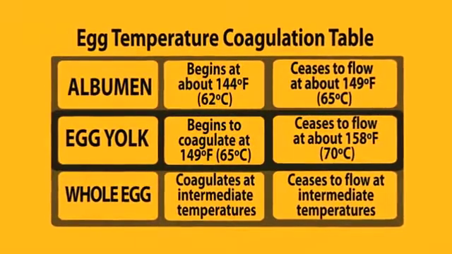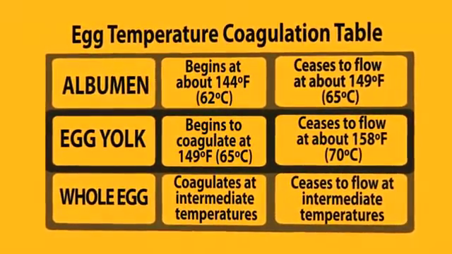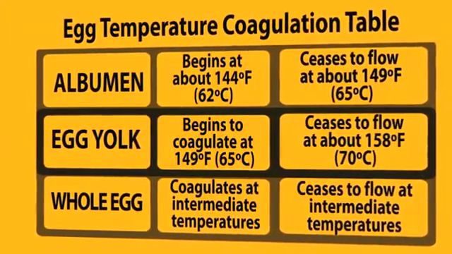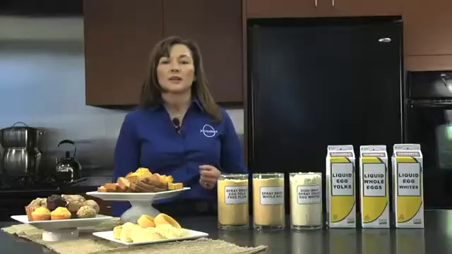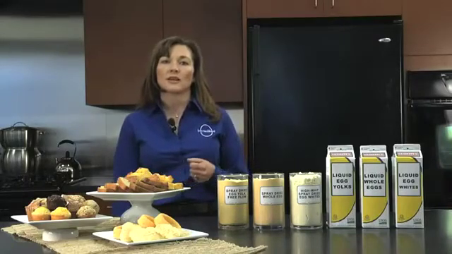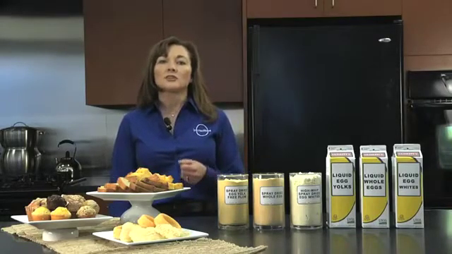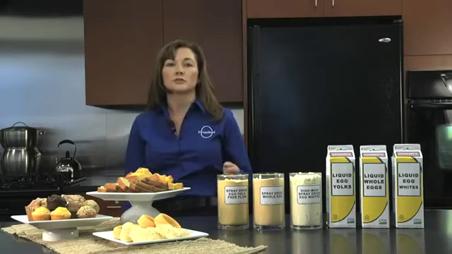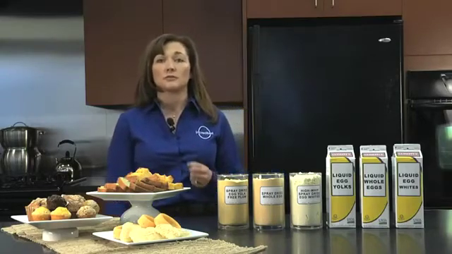This diagram shows the temperature required for coagulation for each of the unique egg protein combinations. For example, different egg proteins begin to coagulate at different temperatures and also cease to flow at different temperatures. Further, too much heat applied too quickly, or even too low a heat applied for too long, can cause protein molecules to overcoagulate and thus become too firm.